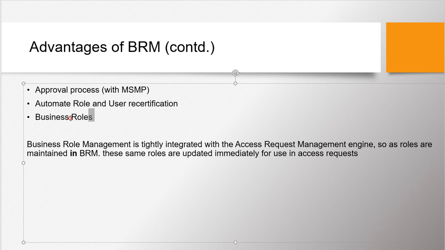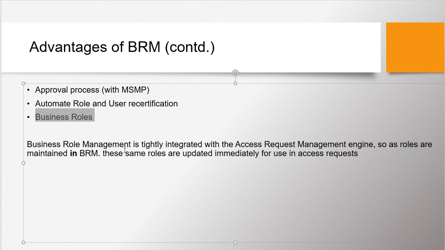And business roles again is a fantastic concept that BRM has, where you can create a business role which, in technical terms, you can consider to be a composite role. But in this case, it's a composite type of role that could include single roles, any type of role, from any landscape, any backend or plugin system.